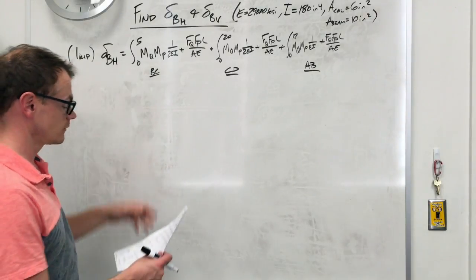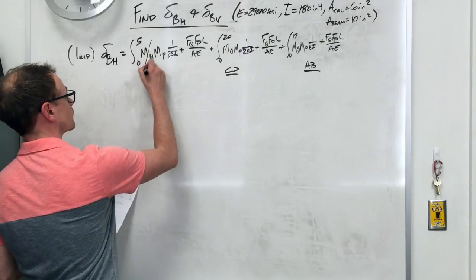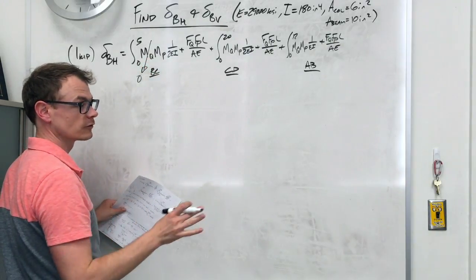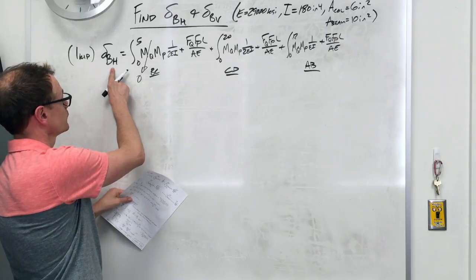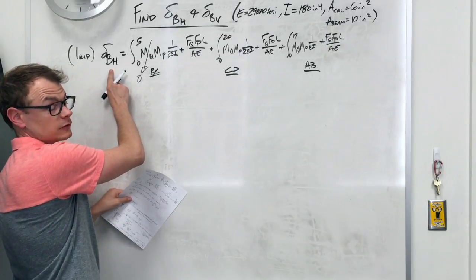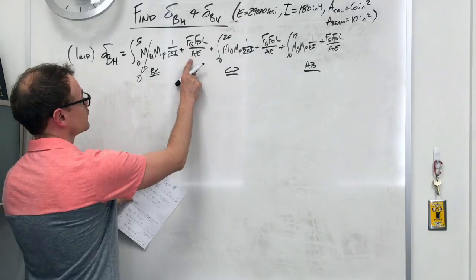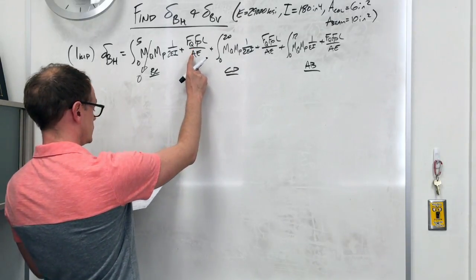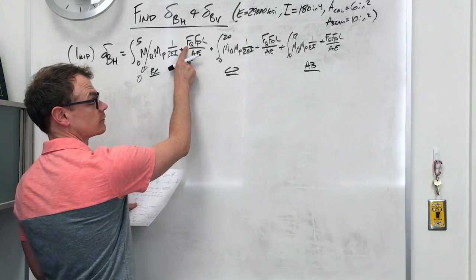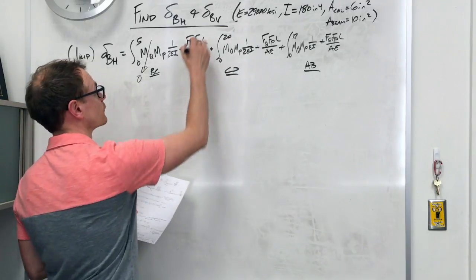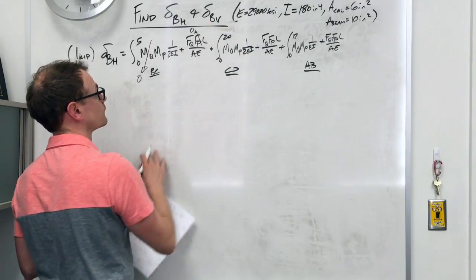So for the BC, if you remember, the MQ was 0. MQ was 0 for the horizontal deflection, right? The Q system in the horizontal this way. And then the axial, the FQ was non-zero, but the FP was 0. So this one, it was 0.